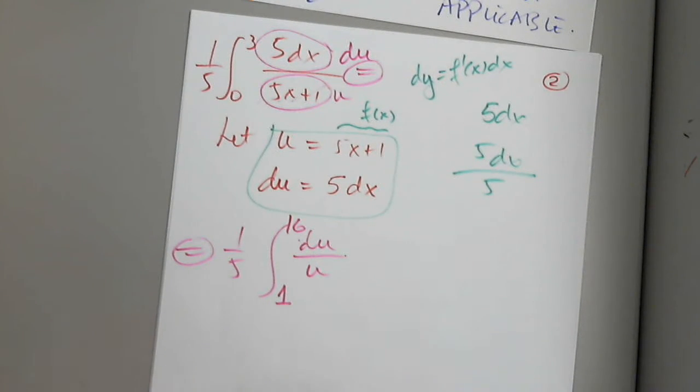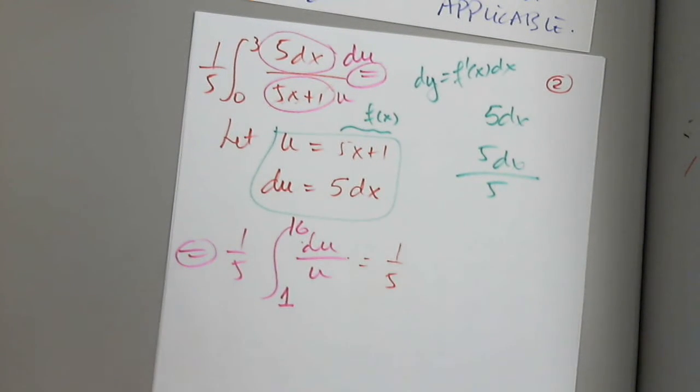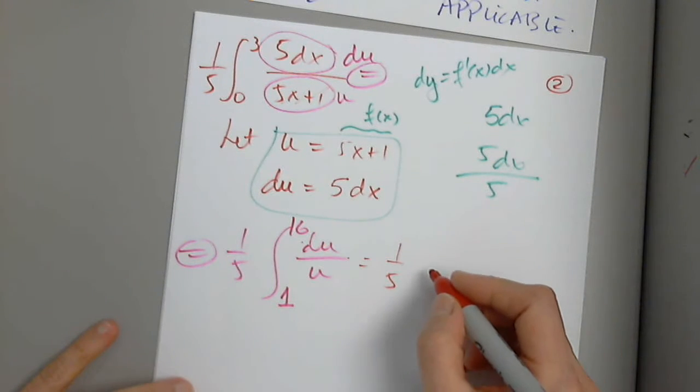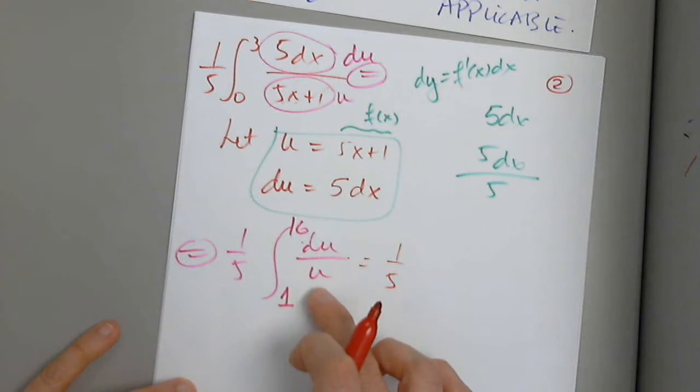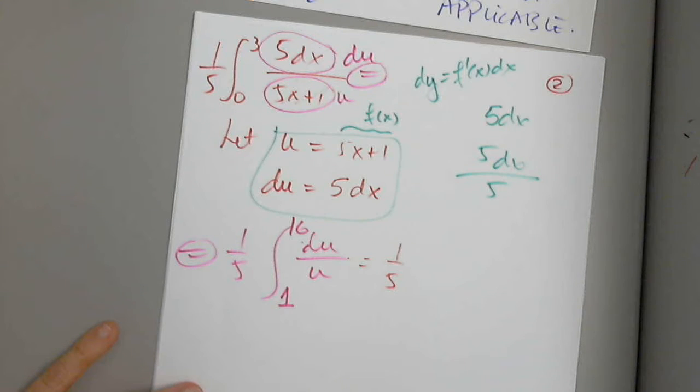Now we are ready to write the antiderivative. Which function prime is 1 over u? Which function do I differentiate to get 1 over u? It's the only one without the power. Which function is that?